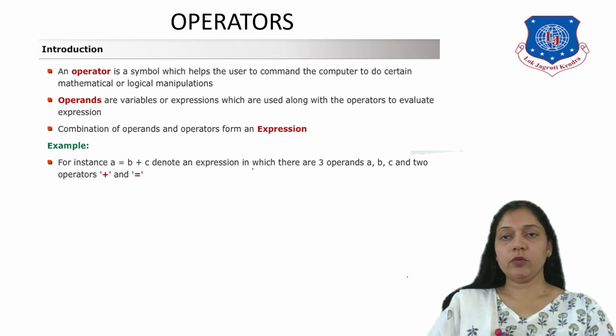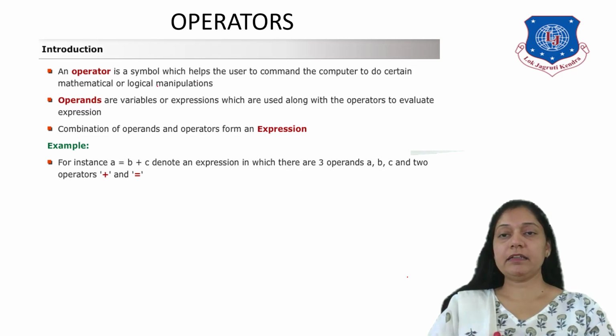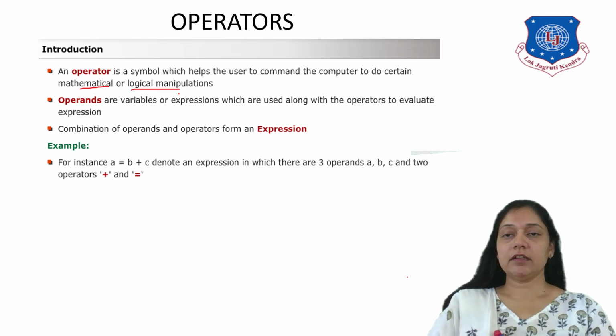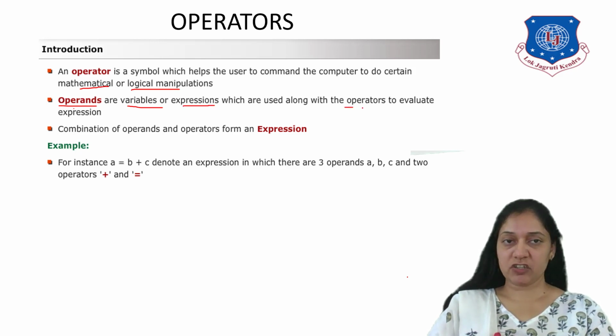Now before going into the types of operators, let's understand what an operator is. Operators are symbols in our program that do some mathematical or logical operations. For each operator we will be using operands. Operands are variables or it can be a mathematical expression.